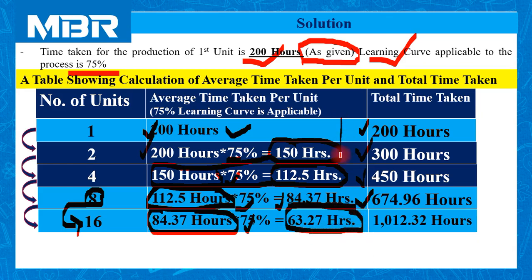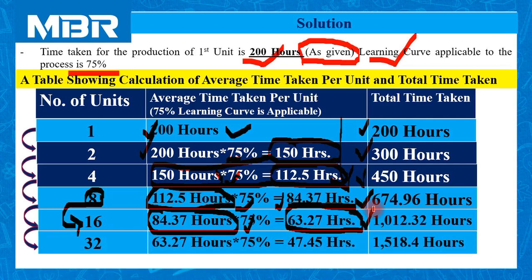This always gives us information of time taken per unit of manufacturing. So total time taken is 63.27 hours multiplied by 16, which is 1012.32 hours.